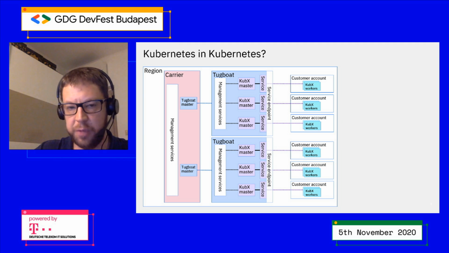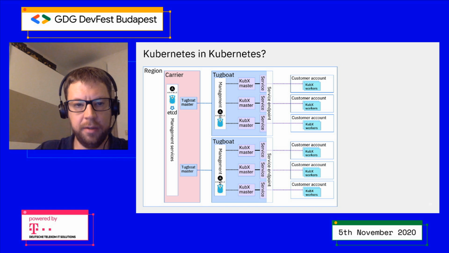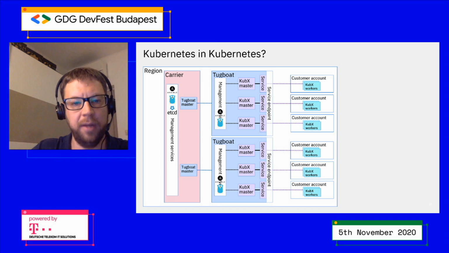Okay, what are the management services? There is really nothing special there. The tugboats, which are managing the life cycle, I mean the deployment, the upgrade, and the decommissioning of the end user clusters, are mainly deployed or managed with Ansible. We have tons of Ansible playbooks which are coordinating all of the life cycles.